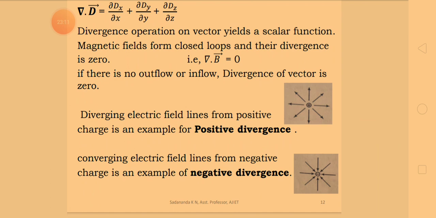So remember, divergence can be evaluated in terms of the partial derivatives of the respective components. Dx, Dy, Dz are the components of that volume charge density along x, y, z respectively. Please remember these expressions, they will help to solve problems.